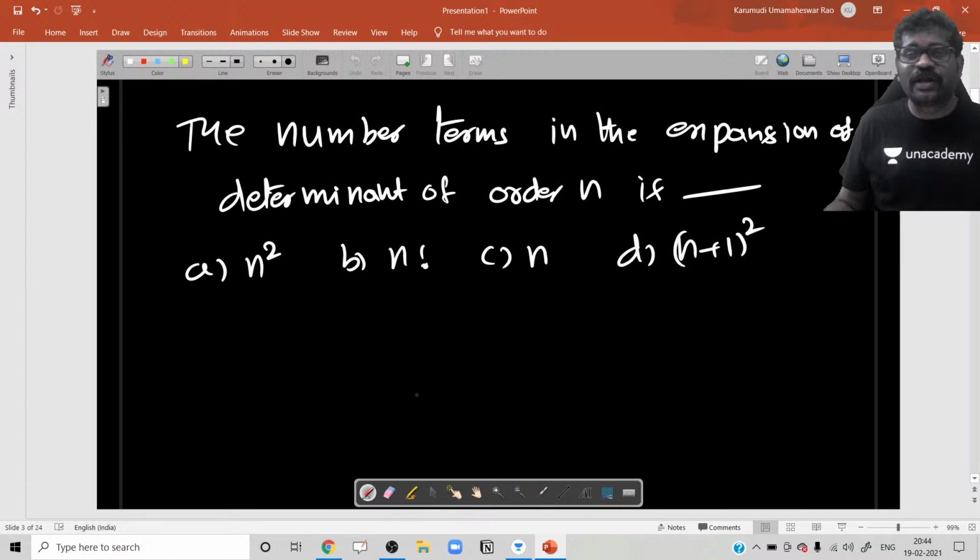So the number of terms in the expansion of a determinant of order n is?